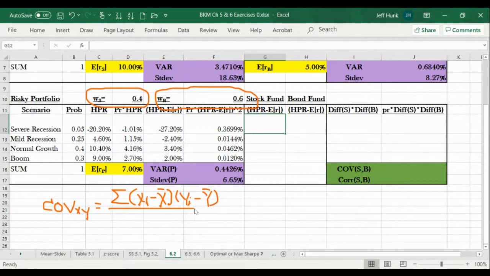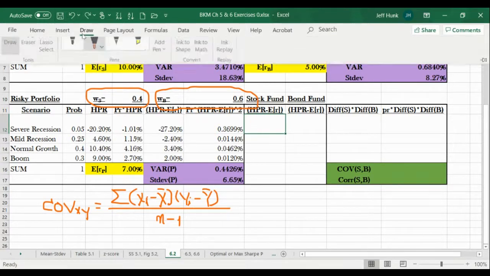So the product of the difference terms, and it will be divided by n minus 1 under uniform probability. But if it is with probability, then we know it is weighted by probability. So here, we need exactly that.